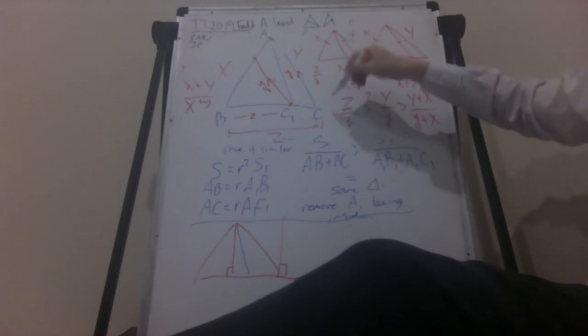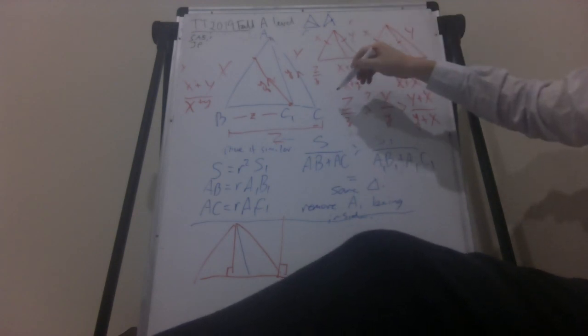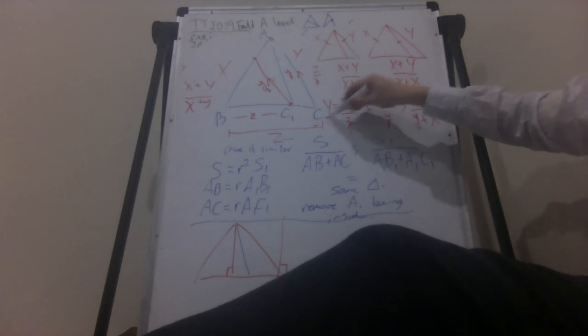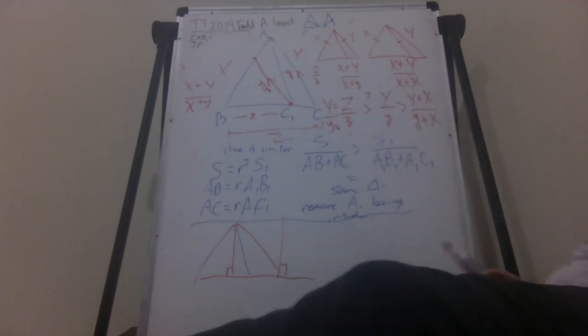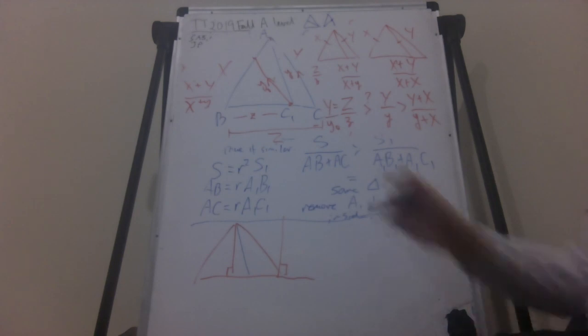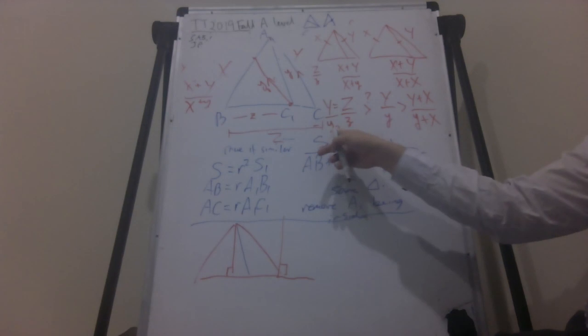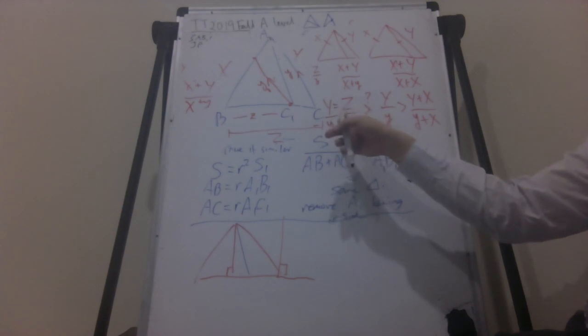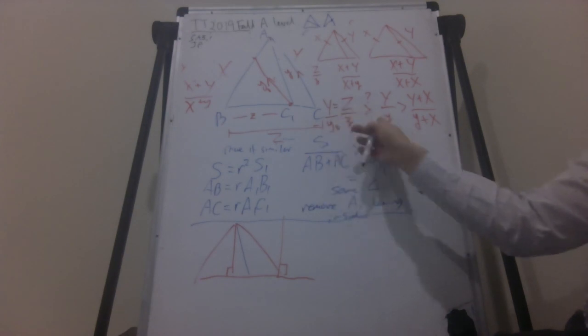And this will give you y on y naught. See that? Okay, so then y naught just has to be smaller than y, yeah?